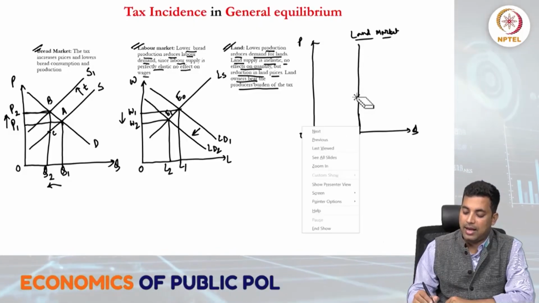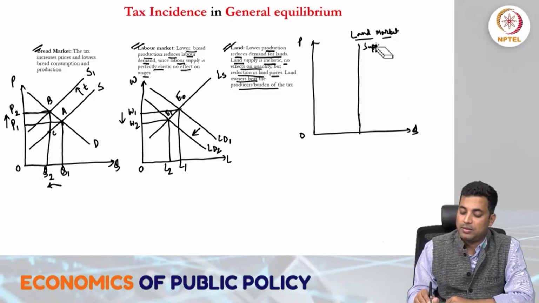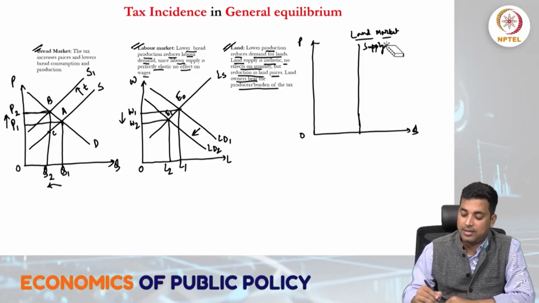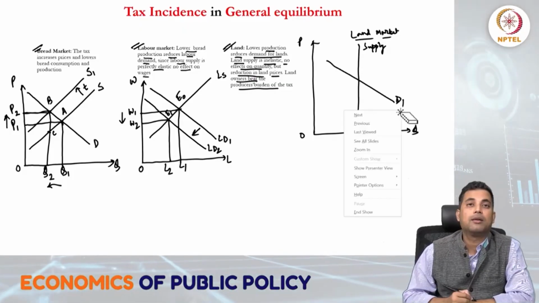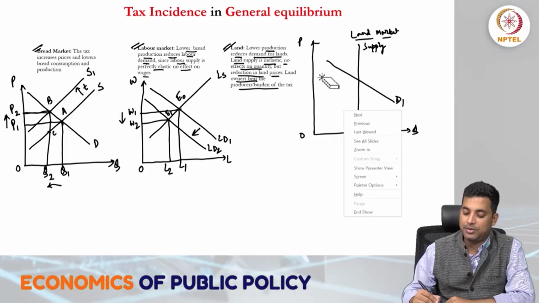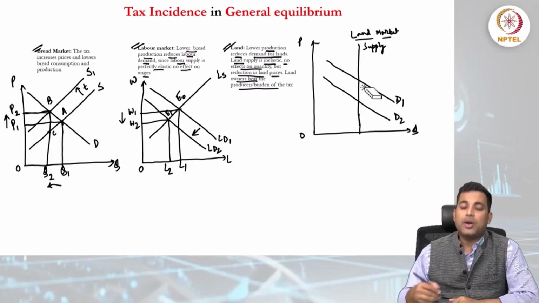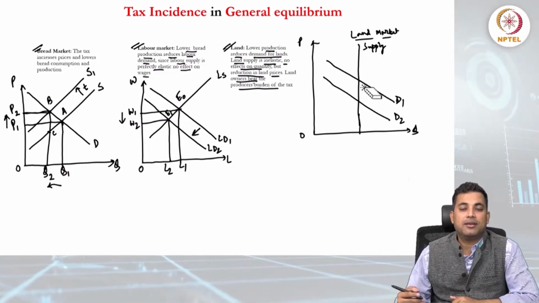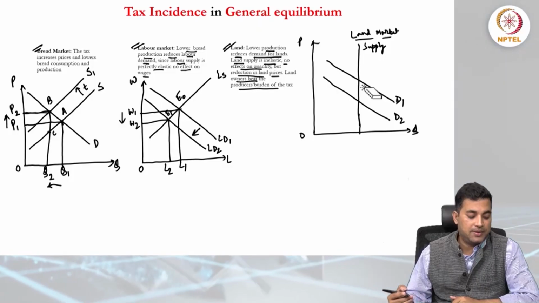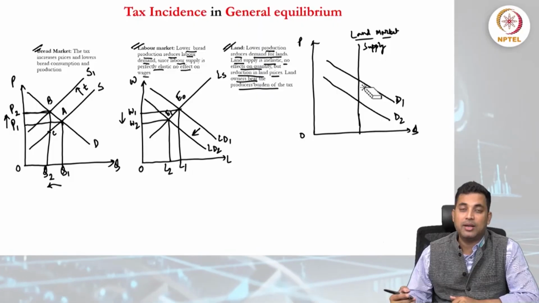Here is the land supply, which is perfectly inelastic, and here is demand for land. Assume a decrease in demand in the bread market, which also has an impact on the land market.